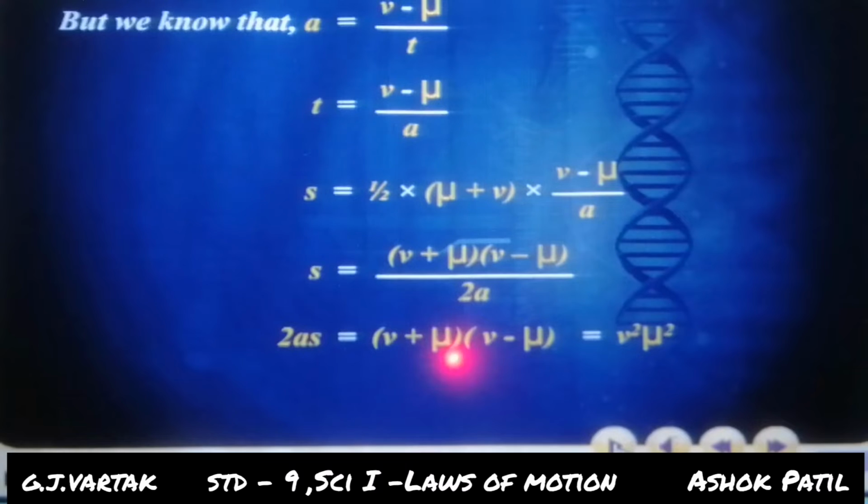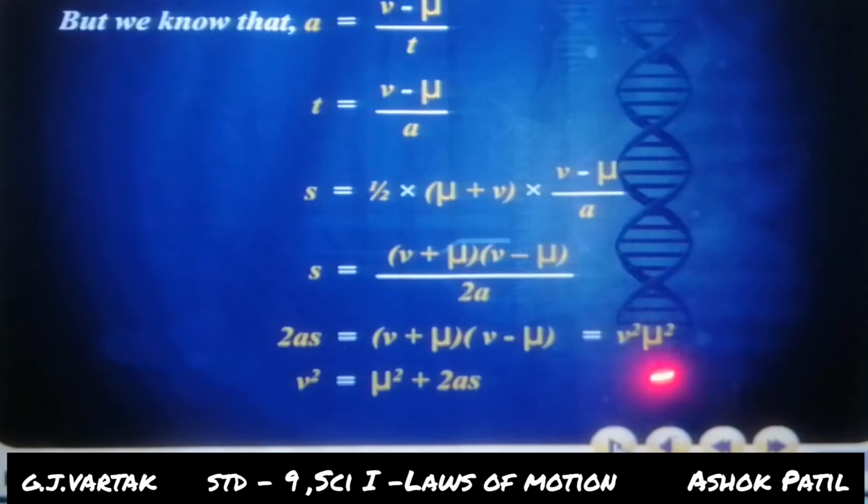v plus u into v minus u is equal to v square minus u square. Here the minus sign is not given. Then v square minus u square.